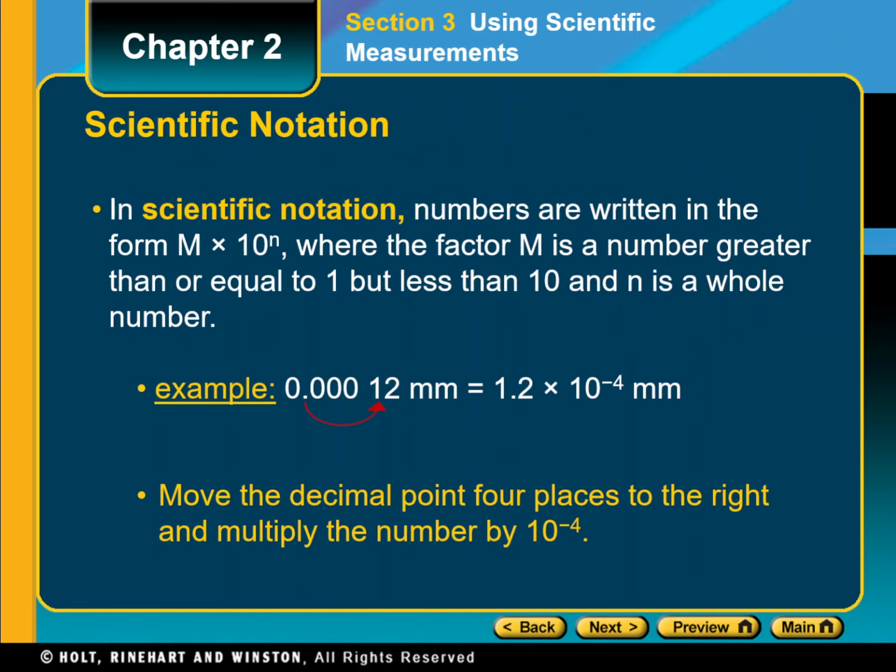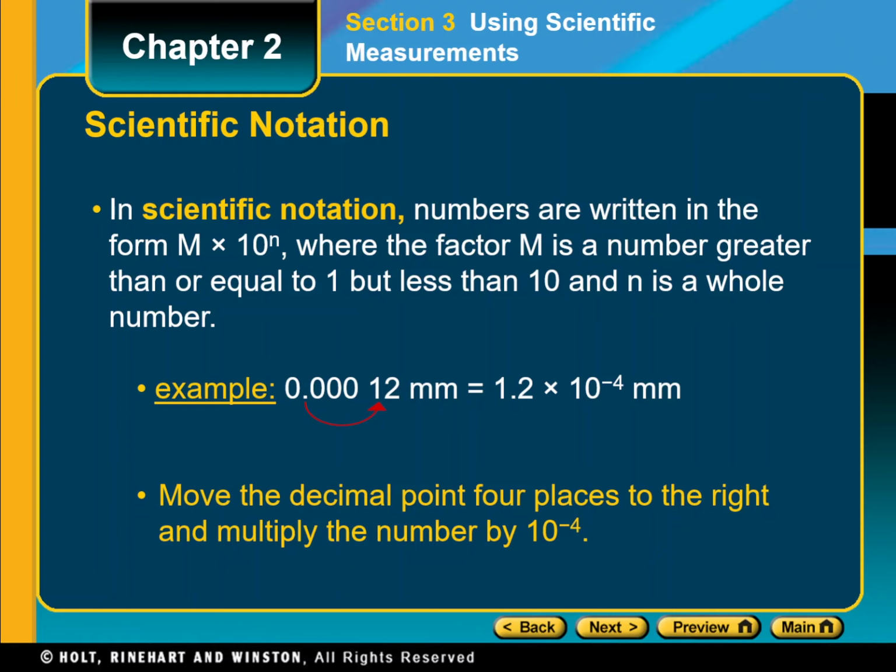Sixth main idea. Scientific notation is used to express very large or very small numbers. Sometimes measurements are very small or very large. It is often awkward to give measurements with lots of zeros, such as 23 quadrillion, or 0.0000000000000000179.